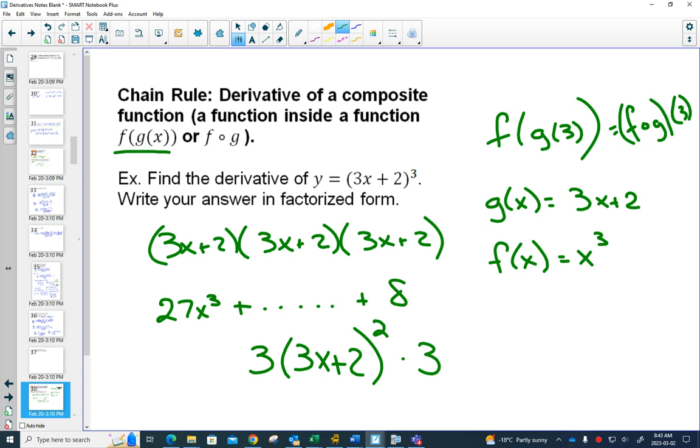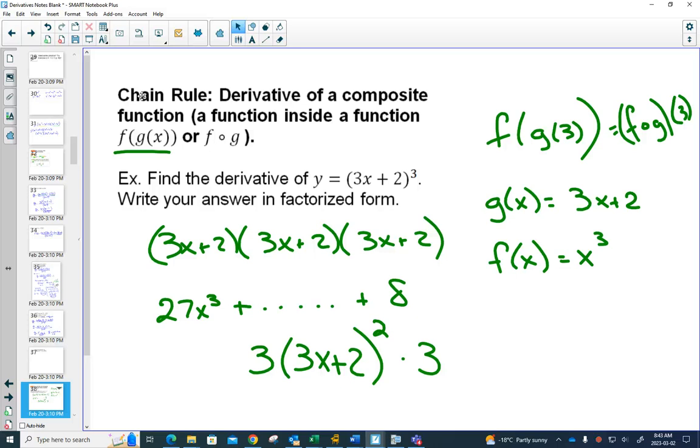Technically, when you factored it, you would have got a 9, 3 times 3 is 9, but I'll write it this way for cheating purposes. Do you see a little bit of the product rule happening? But you're like, I bring the 3 out, subtract 1 from the exponent, but I've got an extra 3 there. So I'm not quite sure where that comes from.